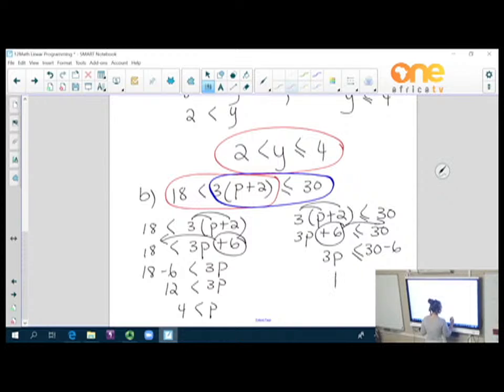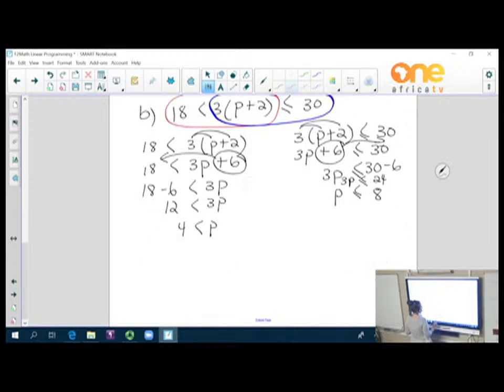This will be 3P is less than or equal to 24. Divide by 3 on both sides to get P alone. P is less than or equal to 8. Showing this in one inequality, 4 is less than P is less than or equal to 8. And there we have number 2B.